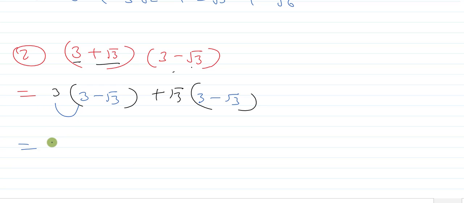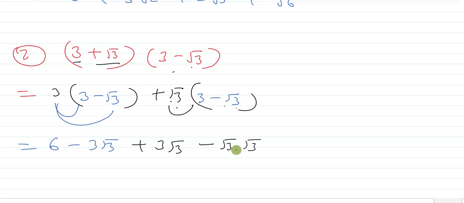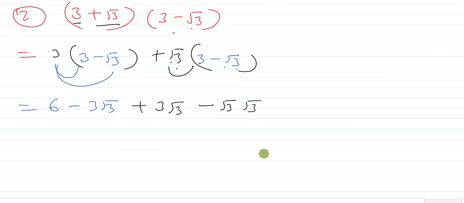3 into 3, 6 minus 3 into root 3, 3 root 3, right? Plus into minus minus, root 3 into root 3, right? Now here you can observe, this minus root 3 plus root 3 will get cancelled because we know that a plus minus a cancels, 0 is there.